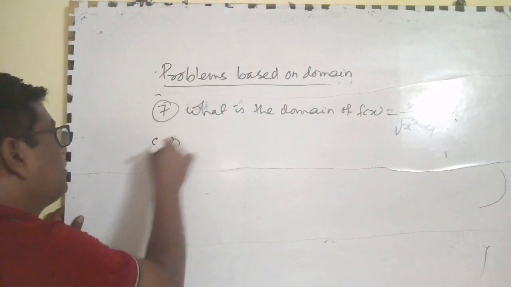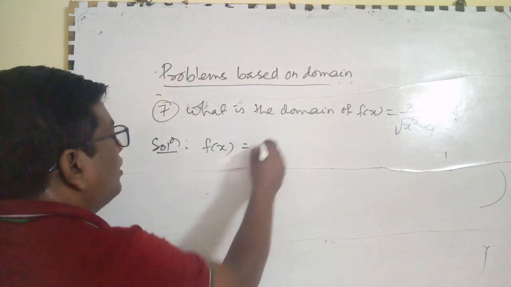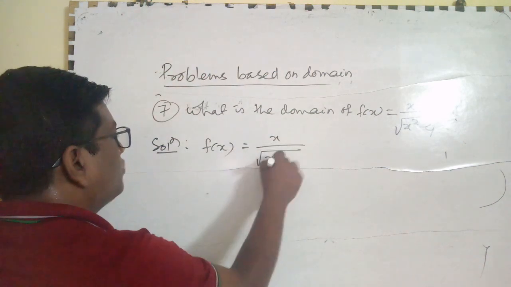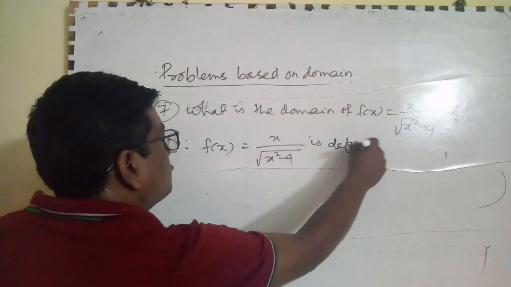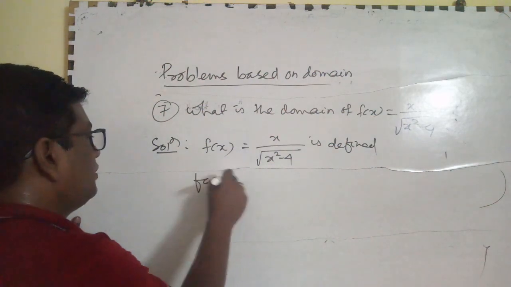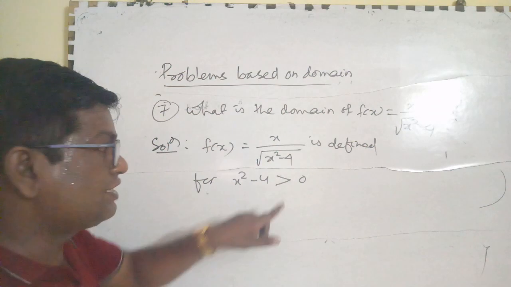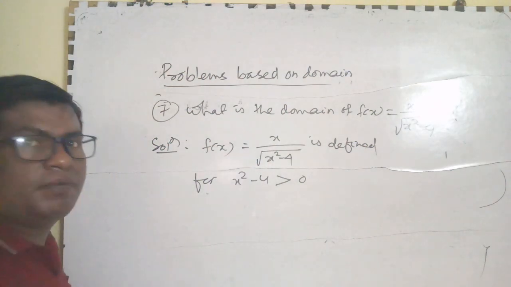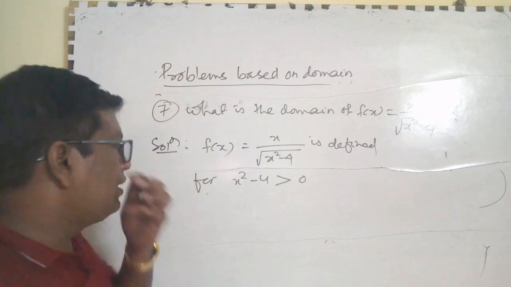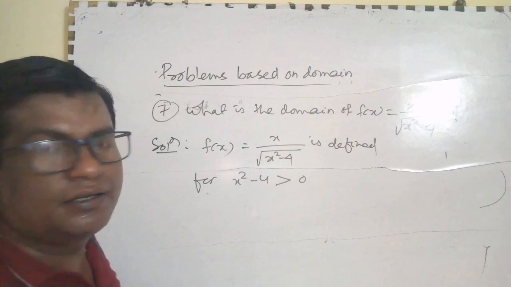Solution: f of x is equal to x by root over x square minus 4, which is defined for x square minus 4 greater than 0. Mind it, pay attention please. Root over x square minus 4 is in the denominator, so the equal sign is absent.